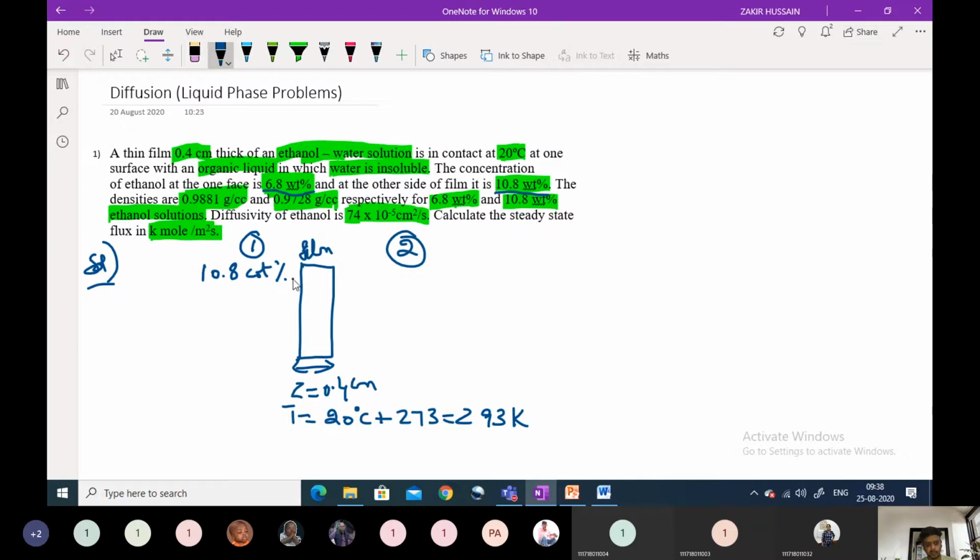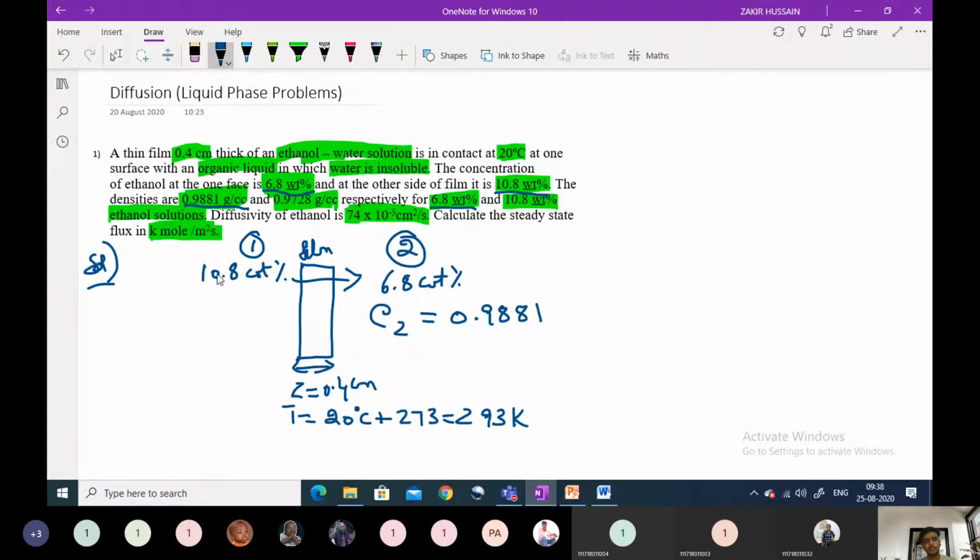Mass transfer takes place from higher concentration to lower concentration, so this other phase we can take as 6.8 weight percentage. The density 0.9881 gram per cc is applicable at this 6.8 weight percentage phase, so here the density rho 2 is equal to 0.9881. You can interchange 1 and 2 positions, nothing will happen.